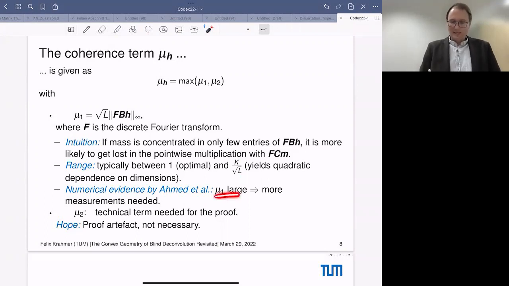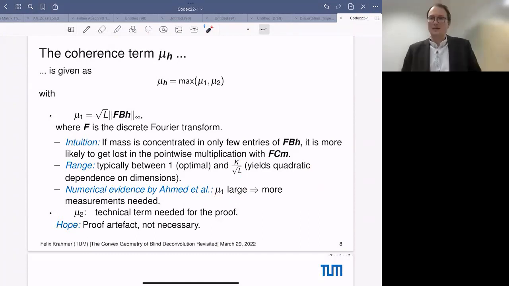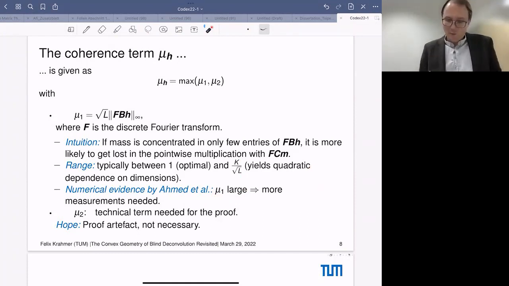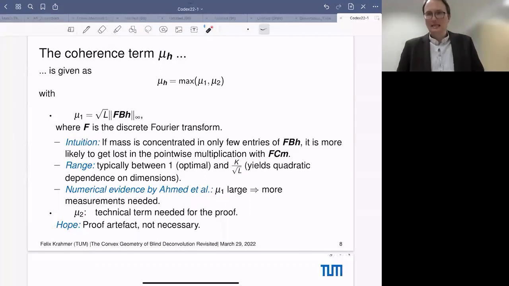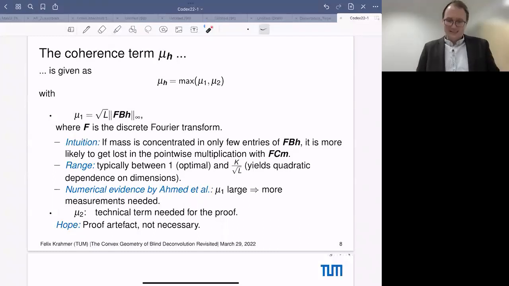This is not a proof artifact, at least it's suggested by experiments that Ahmed and others did in their paper, that if mu1 is large, indeed more measurements are needed. That is different from mu2, which is some technical term that was already suggested in the paper to be hopefully a proof artifact, not necessary, that their proof somehow required, and so I won't spend too much time on it.